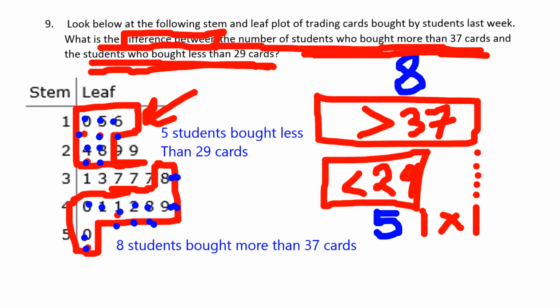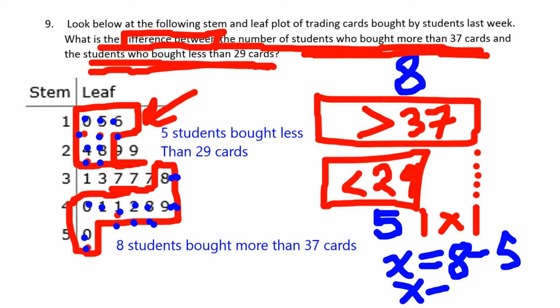So now we know that 8 students bought more than 37 cards and 5 students bought less than 29 cards. So if I want to figure out this value x here, I could write an equation for it. My equation would be that x is equal to 8 minus 5, or x is equal to 3.